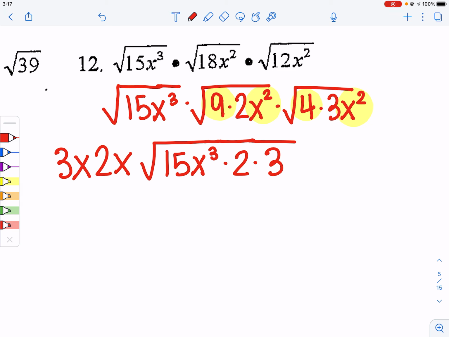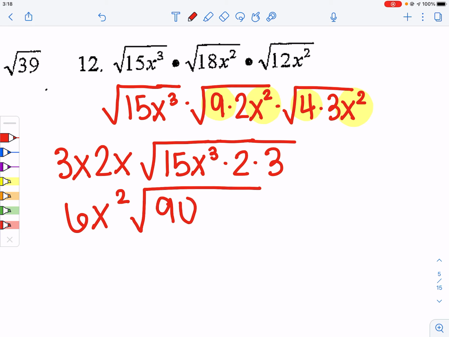And then from here, let's fix this stuff. So 3 times 2 is 6. Let's see, x times x gives me x squared. And then let's do 15 times 2 times 3. I know 15 times 2 is 30. 30 times 3 is going to give me 90.